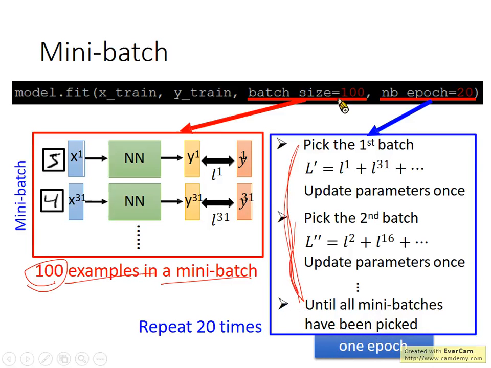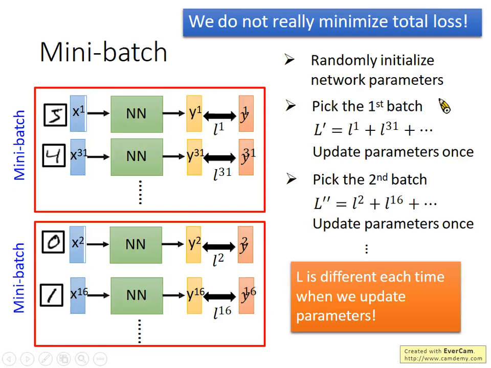And we can repeat the epoch 20 times. We can do 20 epochs to adaptively adjust the parameters of the neural network. So here again, the L is different each time when we update parameters.